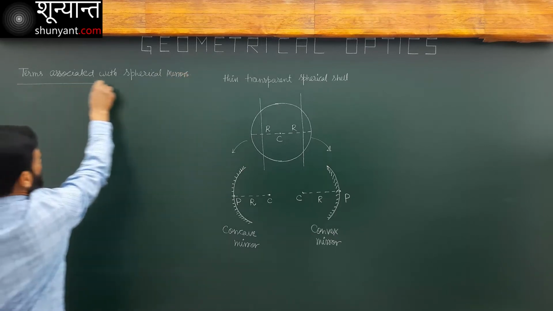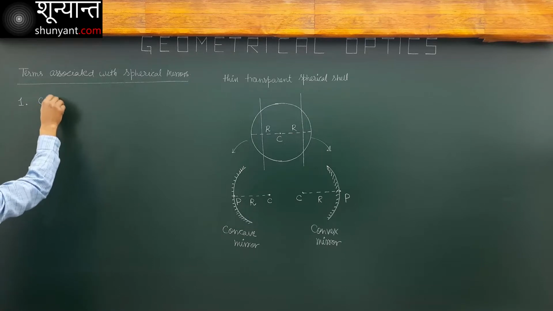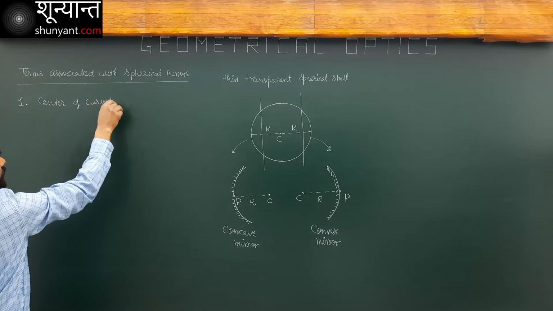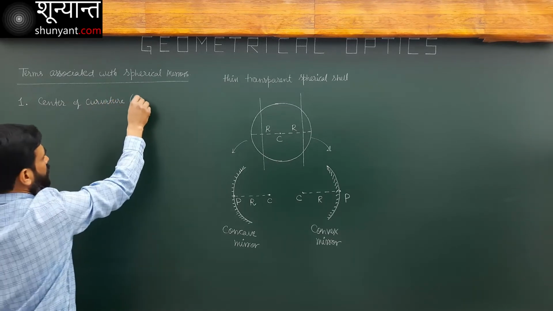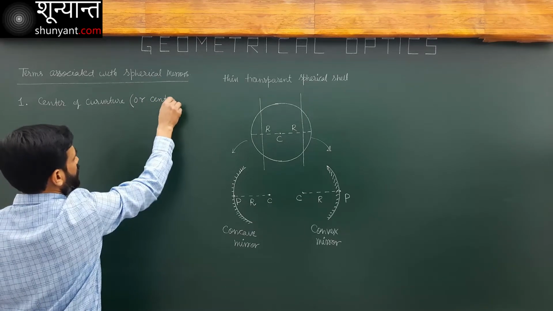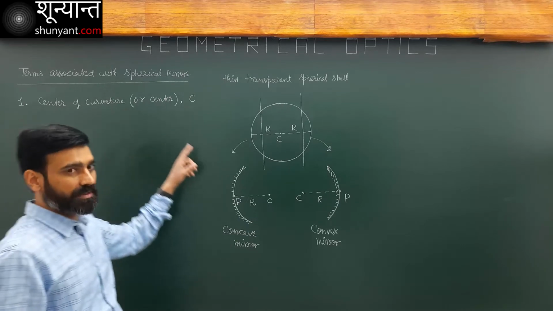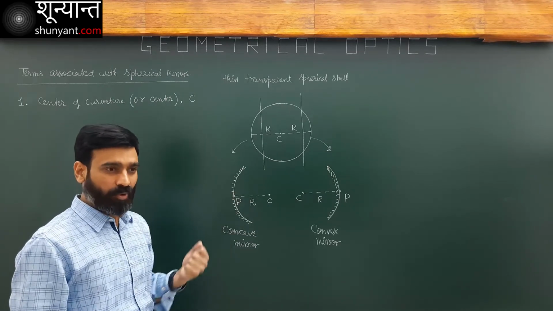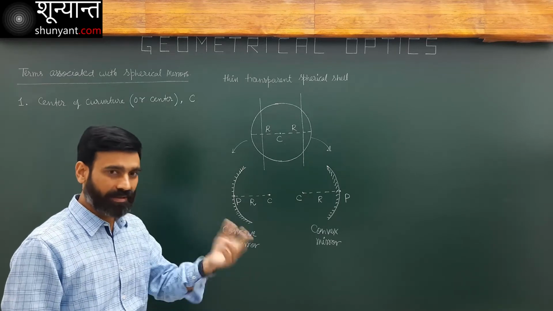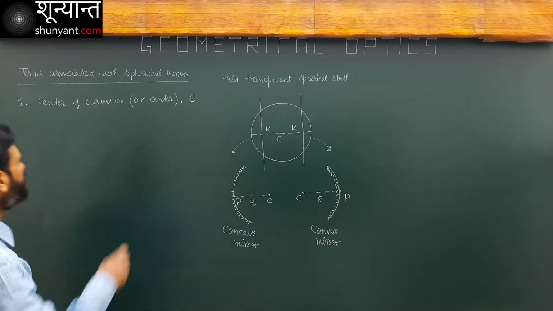Okay, the first term is center of curvature, or center. Its symbol is C. We call it center of curvature or center. What I am going to do is write all the terms. Then I will dictate and you can note down quickly. That way we can save some time.